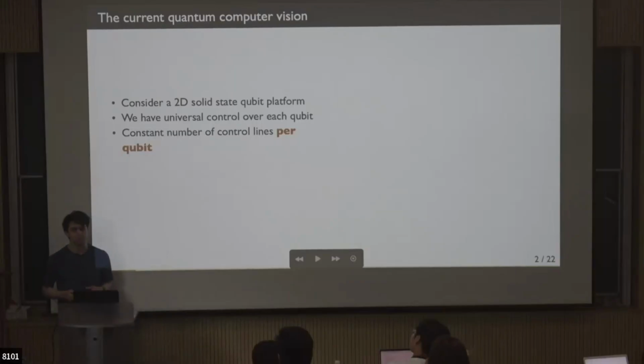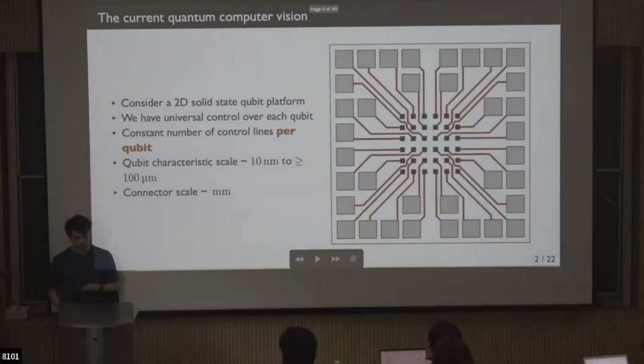Okay, so first off, let's consider a 2D platform where my qubits live on some chip. The current way that people think about building quantum computers is that you have universal control over each qubit. What that means is that I have at least one control line going to each individual qubit that comes from the outside world, the control.